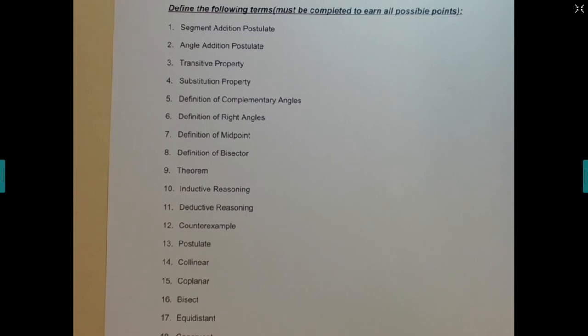You can either utilize your notes or Google it. I don't care. But you need to refresh your relationship with all of those terms and definitions that we've had throughout the semester. If you get all of that done and you turn it in on time, I'm going to highly reward you. So please make sure you're getting all of this work done. If you have any worries or concerns, feel free to get in touch with me.